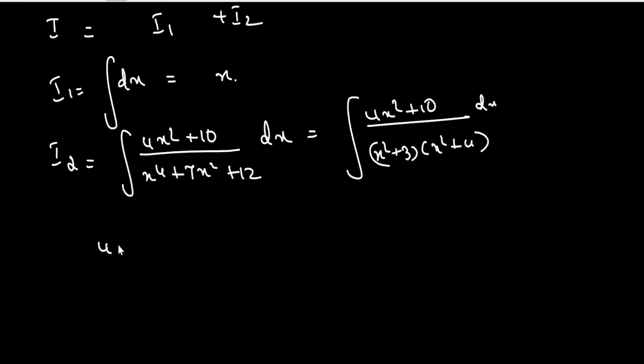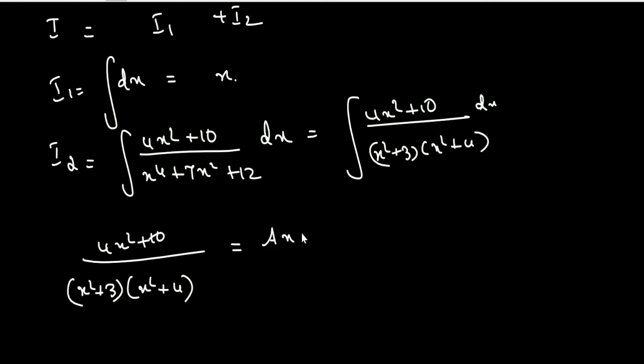You write this (4x² + 10) as follows. Because x² + 3 is a quadratic that you cannot factorize, the numerator should be a linear polynomial, so ax + b. Similarly, the second one, x² + 4, cannot be factorized into real factors, so the numerator is cx + d. So the numerator is ax + b over this and cx + d over this.